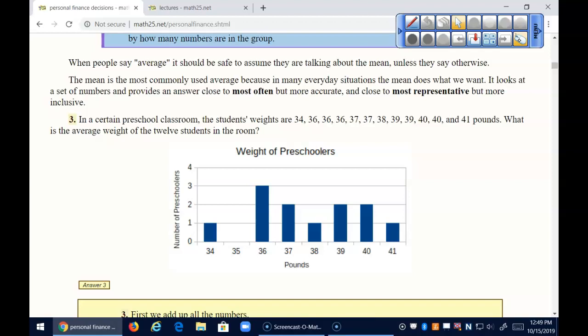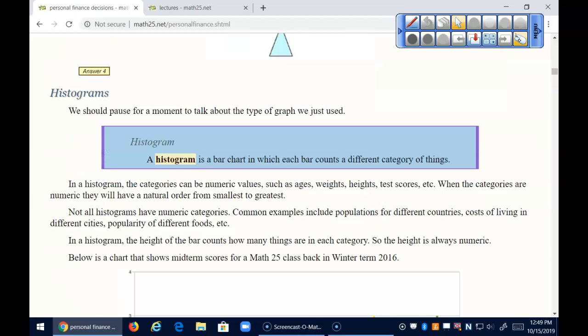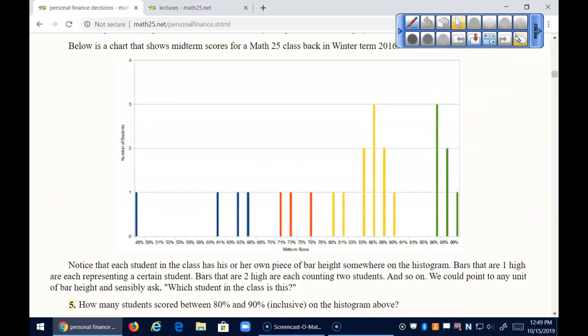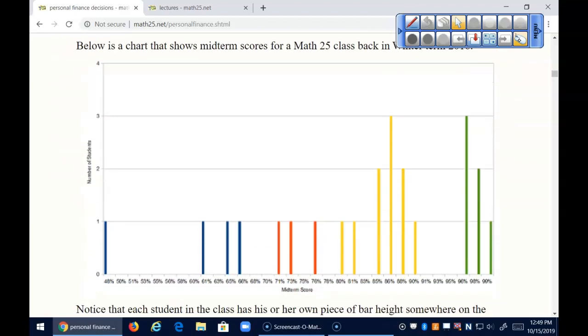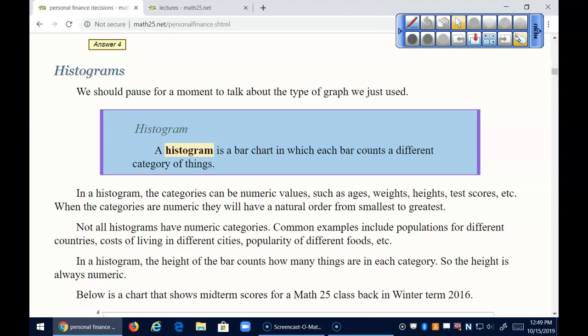You can have histograms of all kinds of things, because you can count lots of stuff. Here is one, let's make it a little bigger, from some old Math 25 scores. The definition: a bar chart, each bar counts a different category of things.